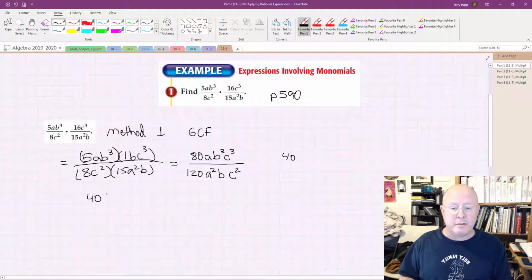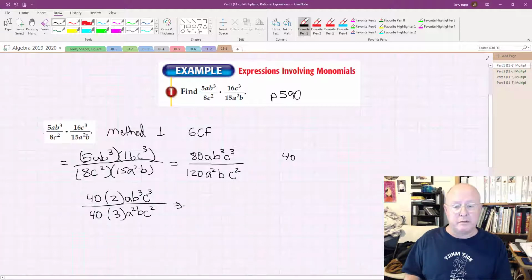We have 40. When you take 40 out of 80, you're left with 2, and then a, b cubed, c cubed, all over 40. You can take 40 out of 120, you're left with 3, a squared, b, c squared.